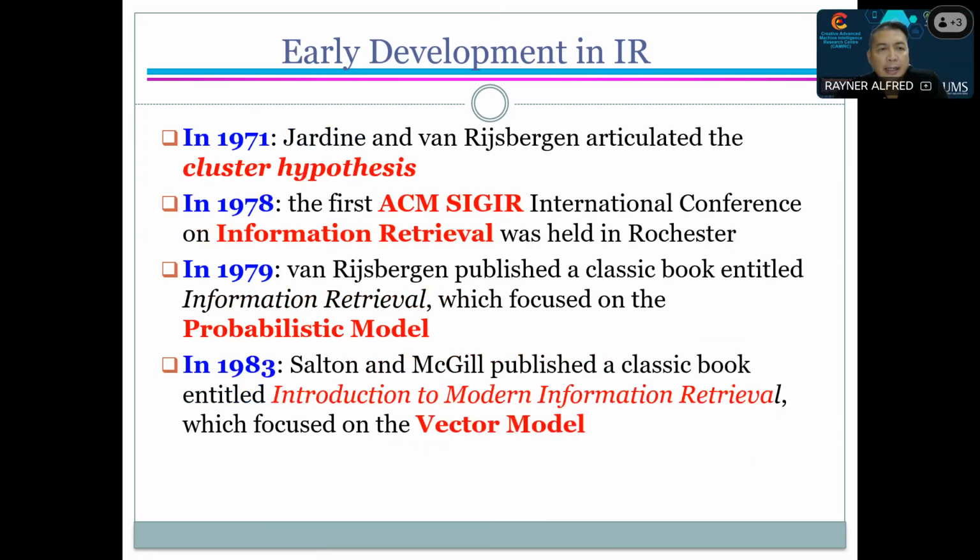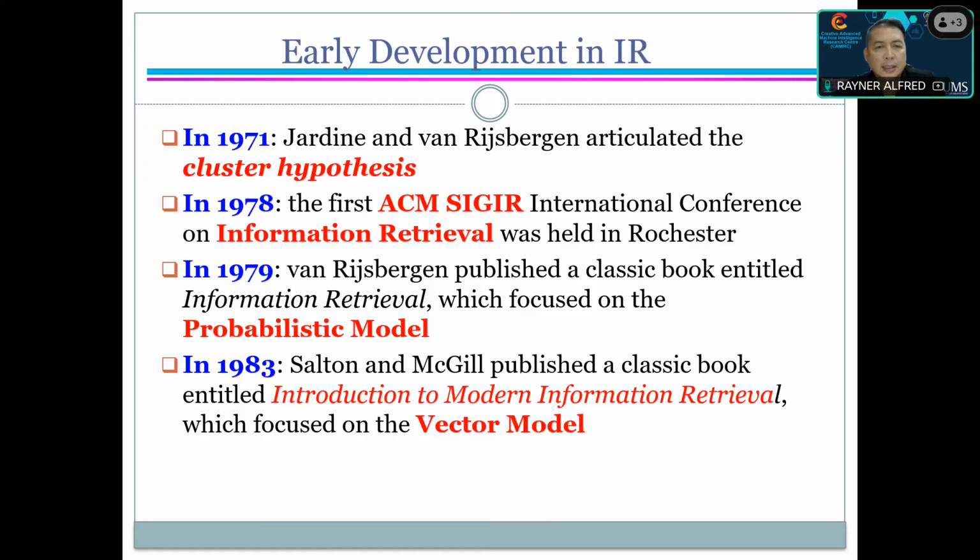And then in 1971, Jardine and Van Rijsbergen articulated the cluster hypothesis. This is what we call unsupervised learning. Given a set of documents, how do you perform the clustering or segmentation of the documents? How do you group them based on the content?